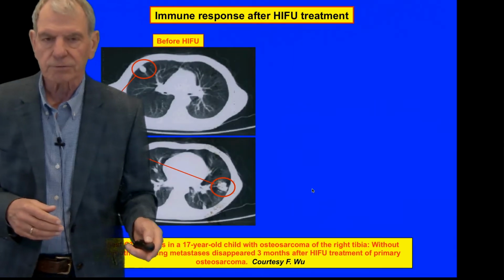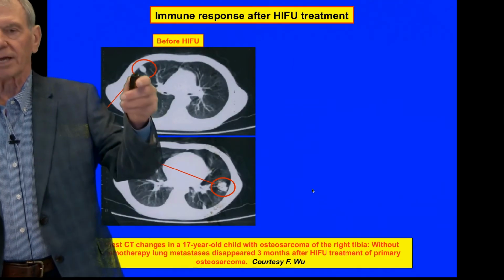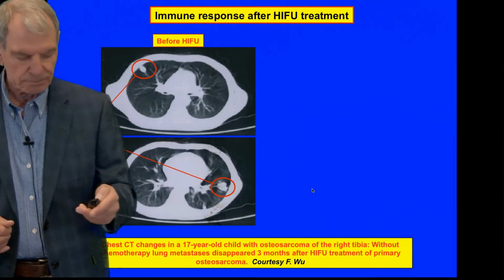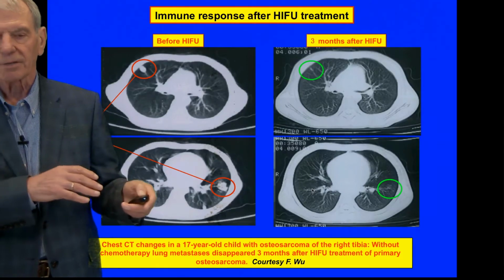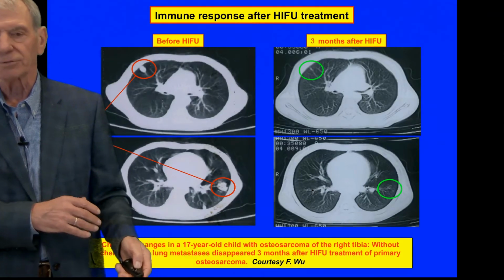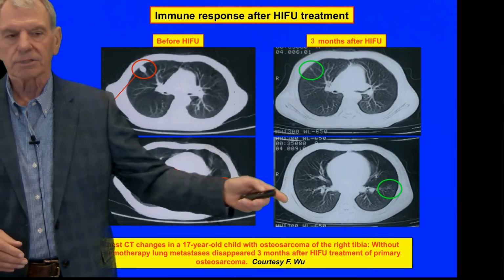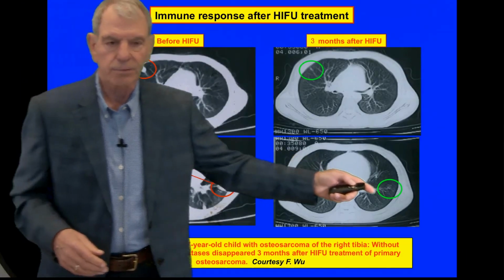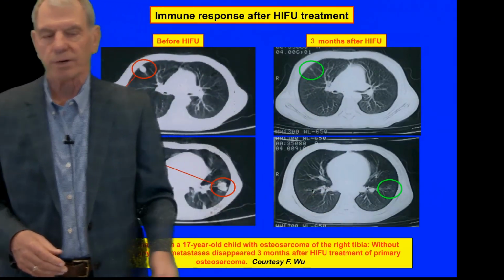And Professor Bu in Chongqing treated a patient who had lung metastases, and he treated the original primary, which was an osteosarcoma, and then he saw a stimulated immune response, and these metastases in the lung went away.